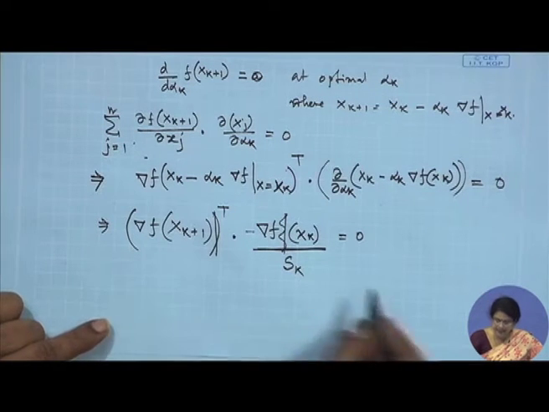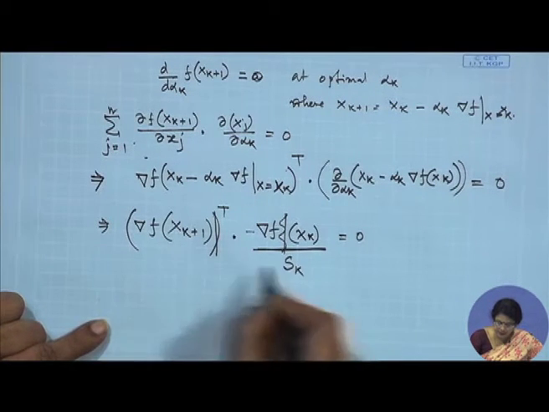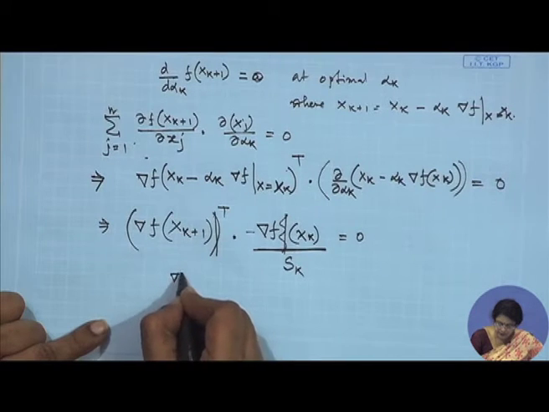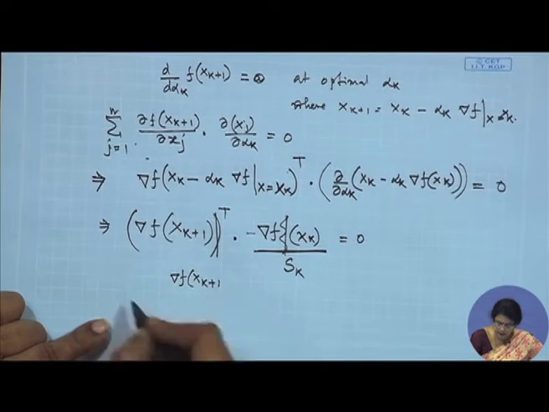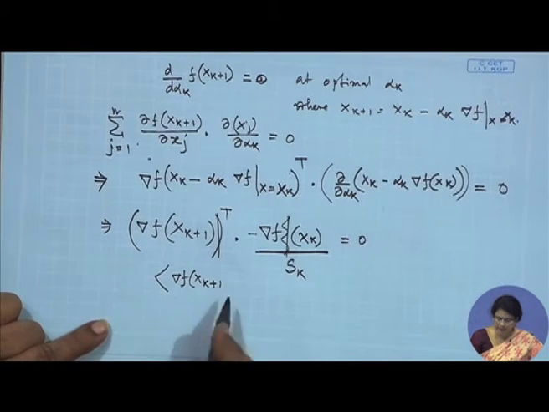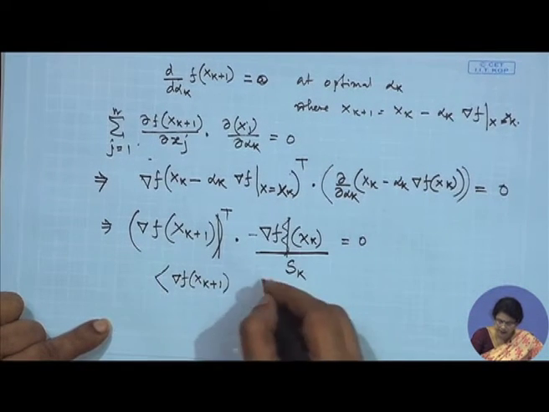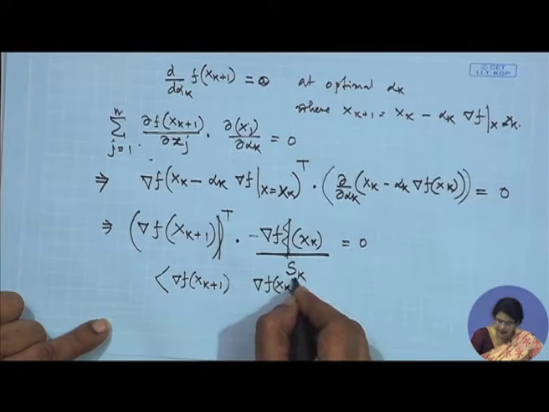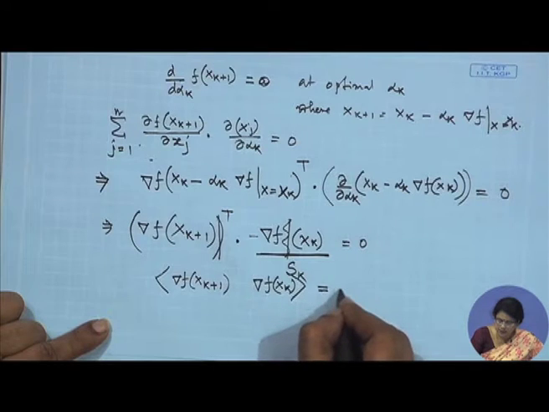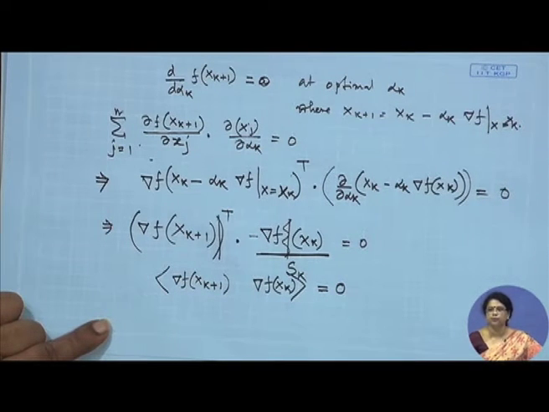Then what exactly are we getting? We are getting from here that if I consider the inner product, grad of f x k plus 1 and s k is equal to 0.